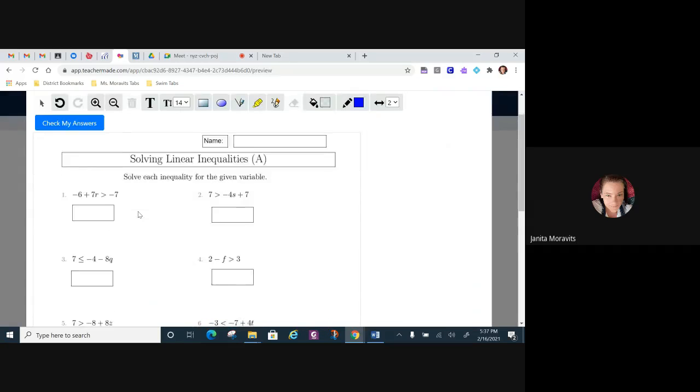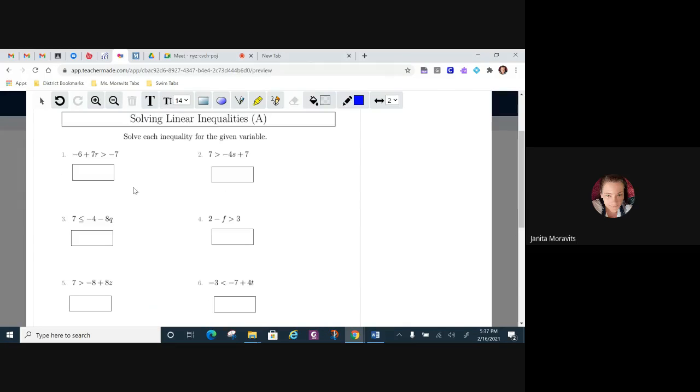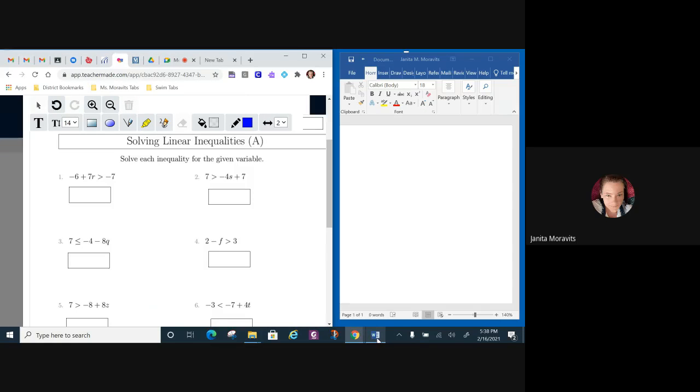All right, here's what I want you to understand about inequalities. The simple thing that you're going to do to solve these is you are going to treat them as if they were regular equations that you've been using. So let's look at this number 1 right here. We have -6 plus 7r.